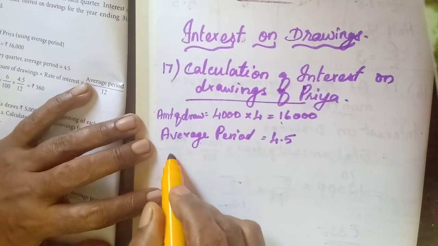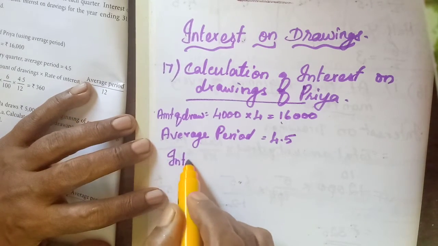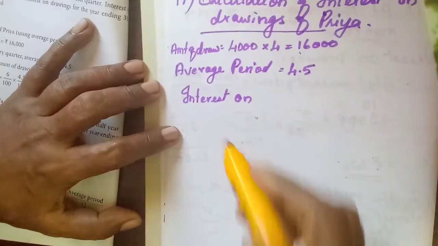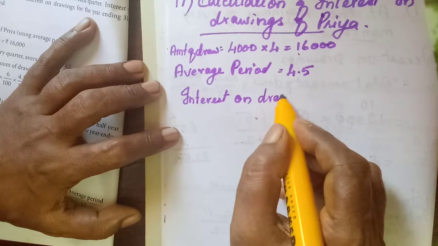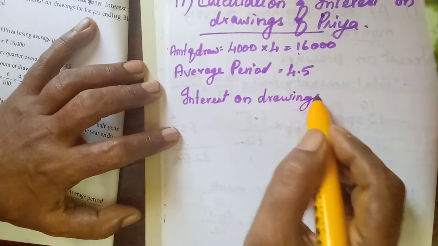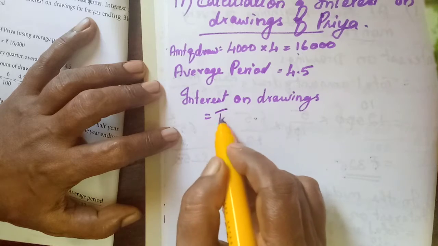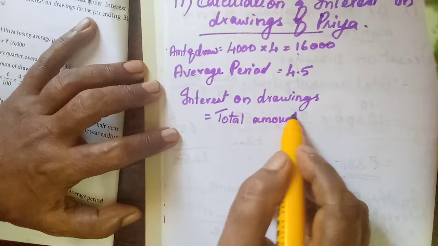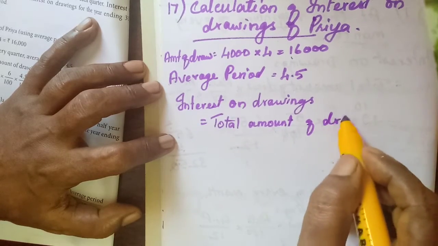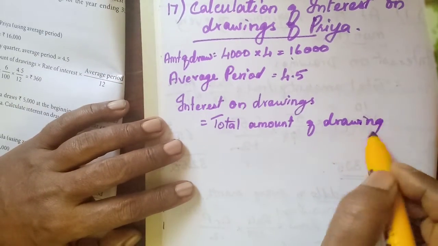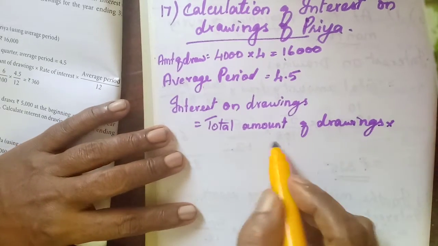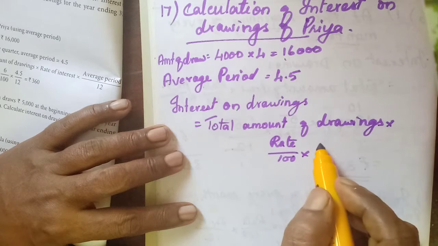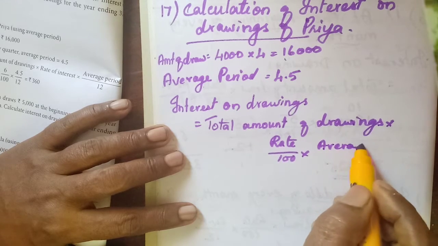So now we have to calculate interest on drawings, applying the formula. Interest on drawings is equal to, write the formula, total amount of drawings into rate by 100 into average period by 12.